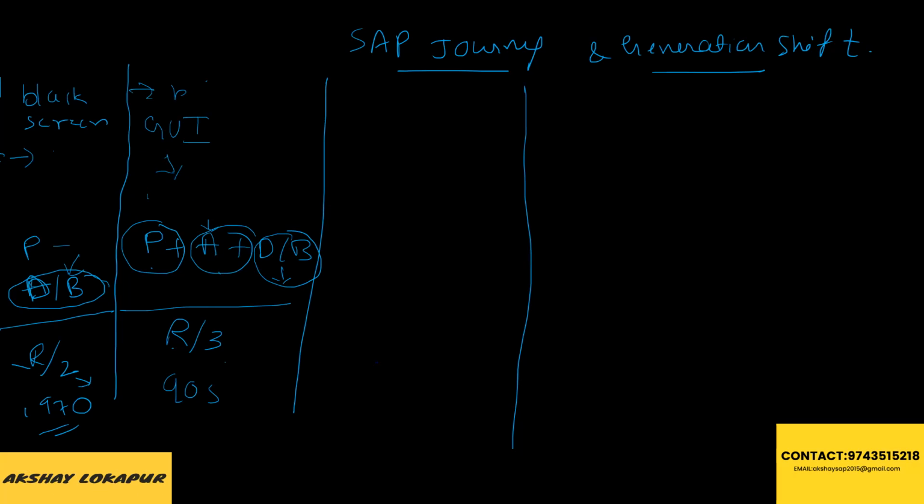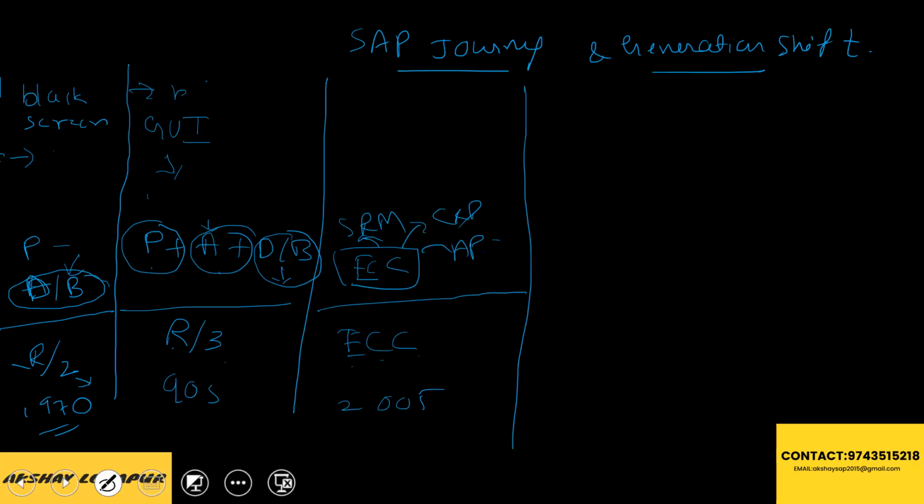Then they came up with ECC around 2005. ECC means Enterprise Central Component or Enterprise Core Component. Here they introduced links with your SRM product, your CRM, your APO, through the plugin interface.